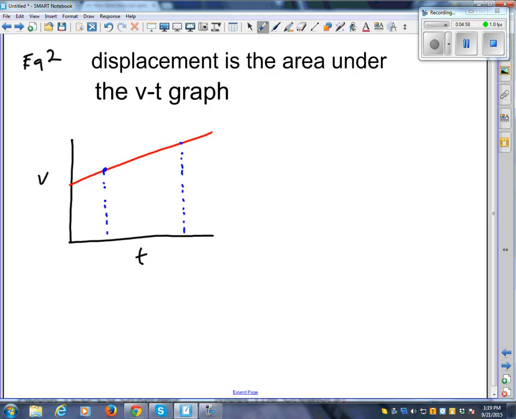What is the type of motion that's happening here as the velocity, the red line here? What's happening to this object? Acceleration. It's speeding up, it's accelerating, right? Excellent. Okay. So if I want to know the displacement, it's the area under the VT graph. It's this area under here. Right? It's that guy in there.